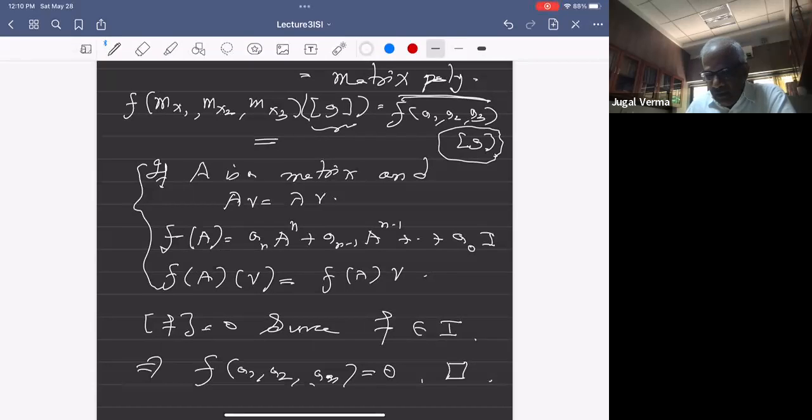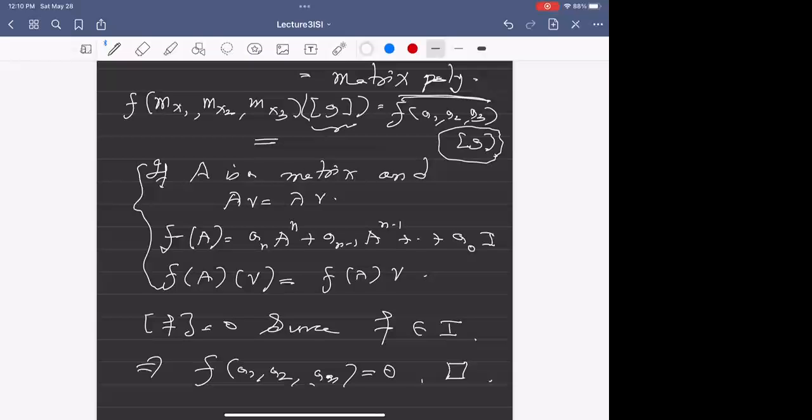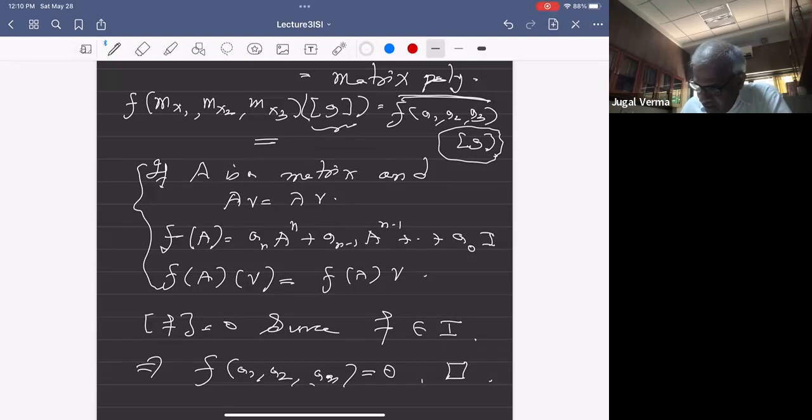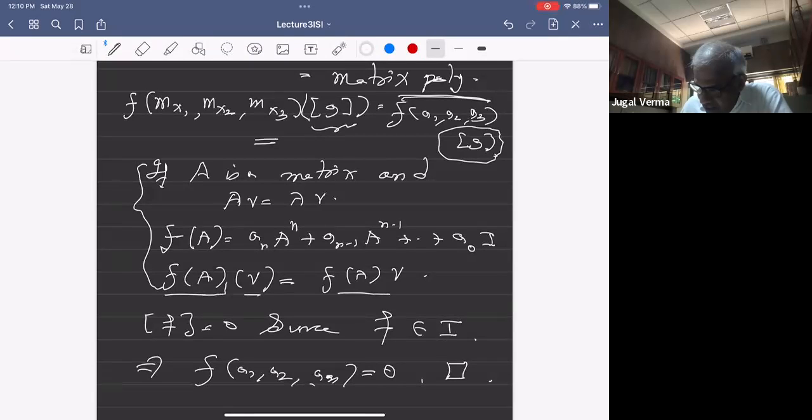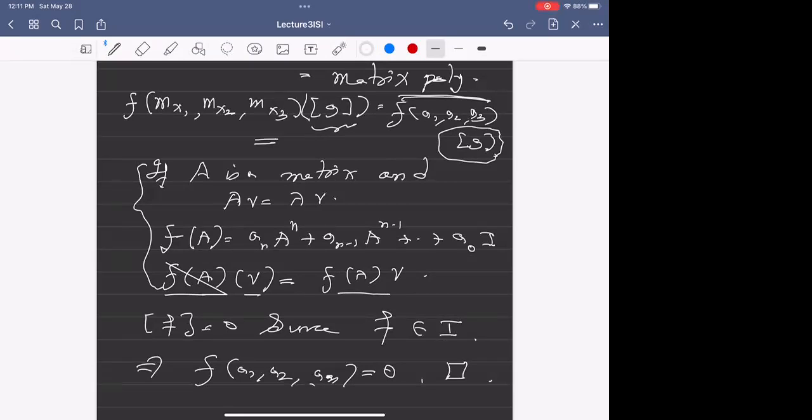So do you understand the one variable case? Yes, sir. In the one variable case, when I take a matrix polynomial and operate on the same eigenvector, I get f(lambda). Suppose a matrix polynomial can be 0, right? If you substitute your matrix in the characteristic polynomial, you get the zero matrix.